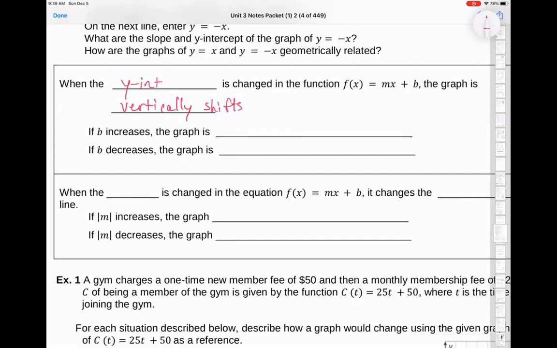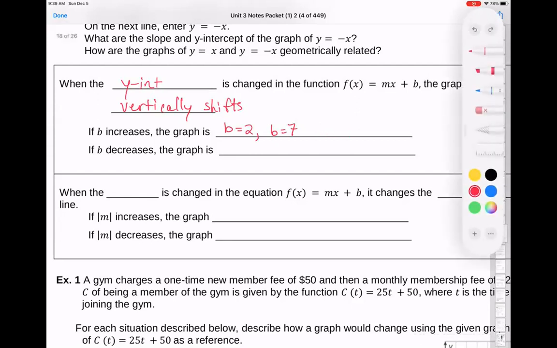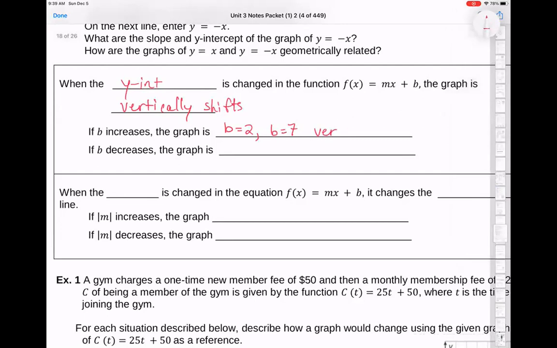And so when b increased, in other words, when b was like 2, for example, or if b was 7, what we saw there was that it translated up. So it vertically translated up. Vertically translate or vertically shift, they mean the same thing.